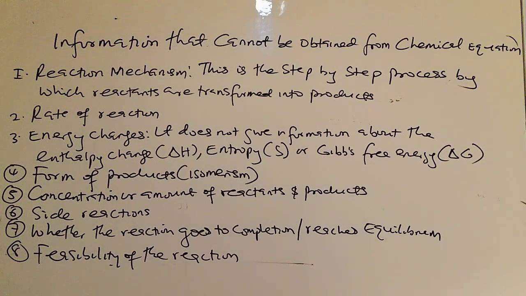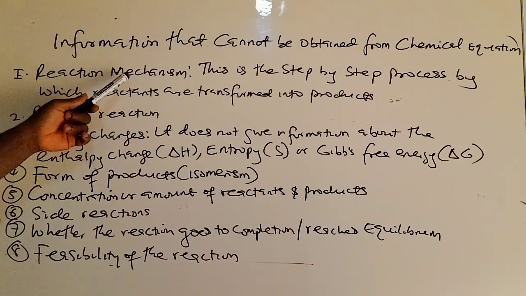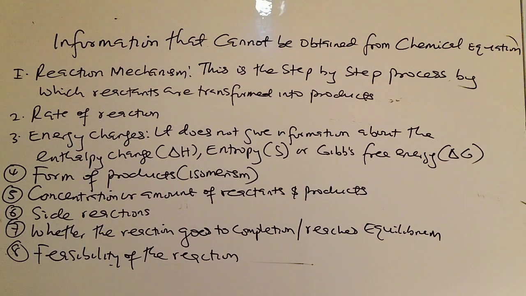These different elementary steps make up what we call the reaction mechanism. So the balanced equation does not provide these small steps that lead to the overall equation. If you want to know the reaction mechanism of a particular reaction, a different topic, chemical kinetics, provides information about reaction mechanism, not a balanced equation.